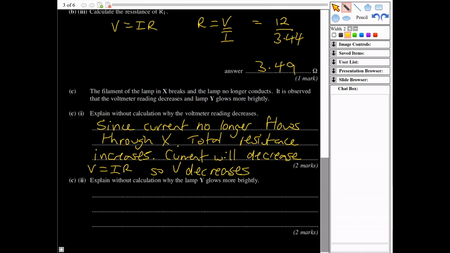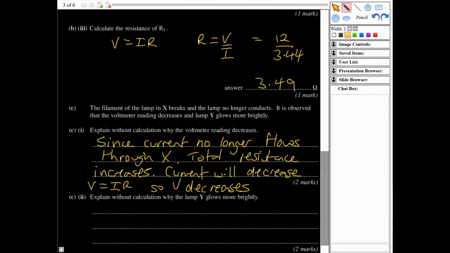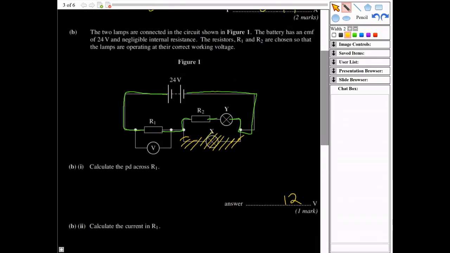Okay, then next it says, explain without calculation why lamp Y glows more brightly. Okay, so we've just said that the voltage here decreases.